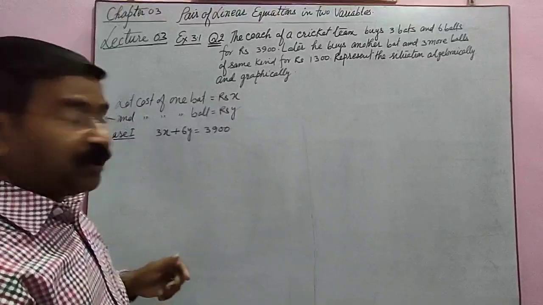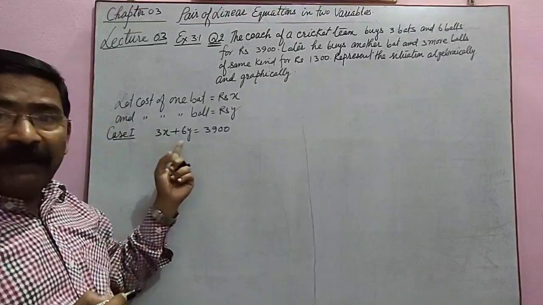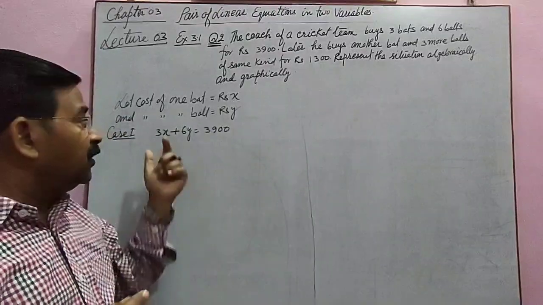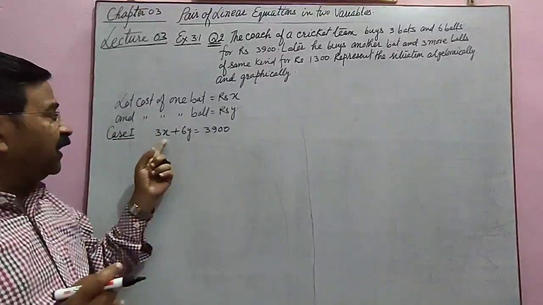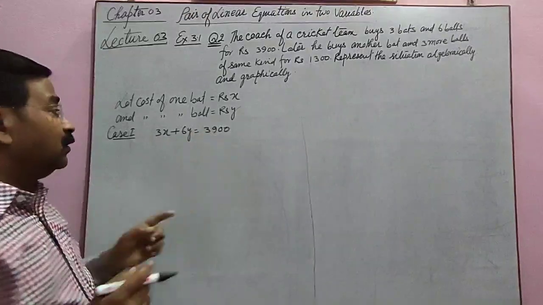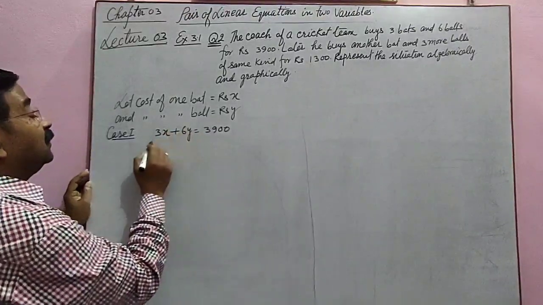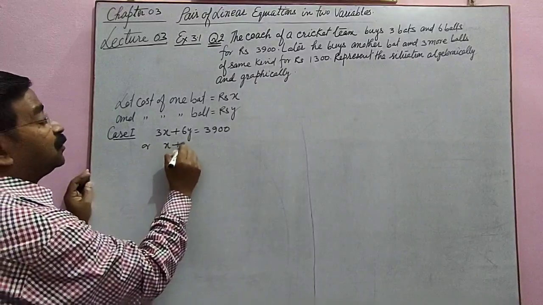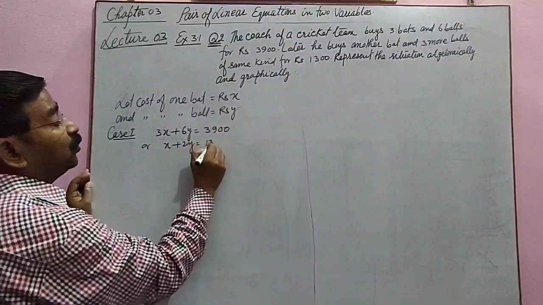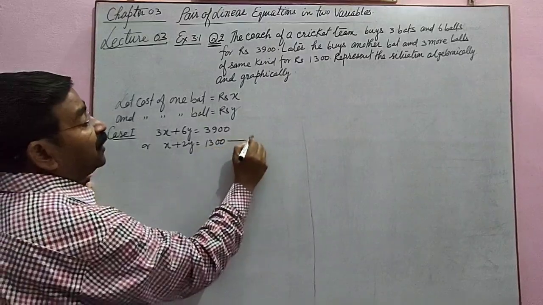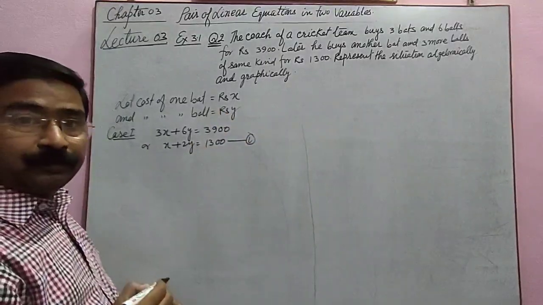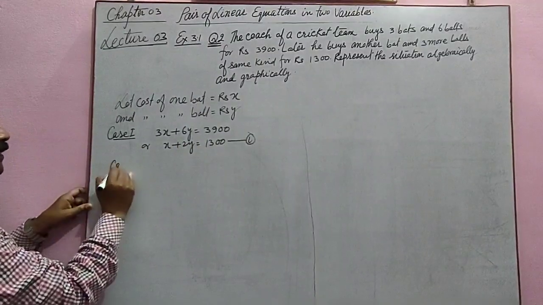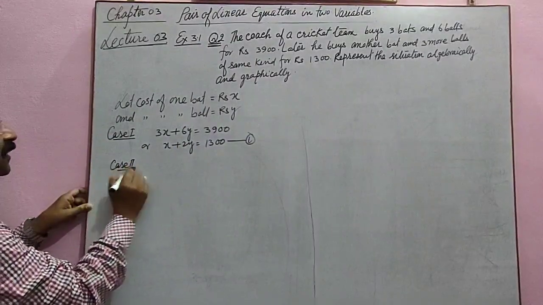Now let's see students, if you have a common number in all 3 terms, you can reduce the equation. See, we can divide this equation by 3. So we can write X plus 2Y is equal to 1,300. Equation number 1. Now in the second situation, case second.